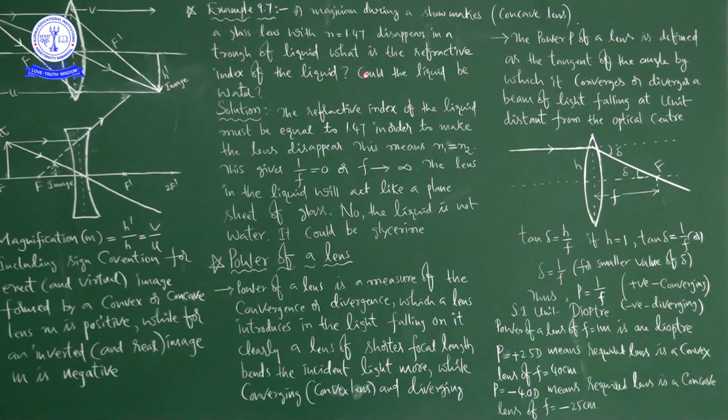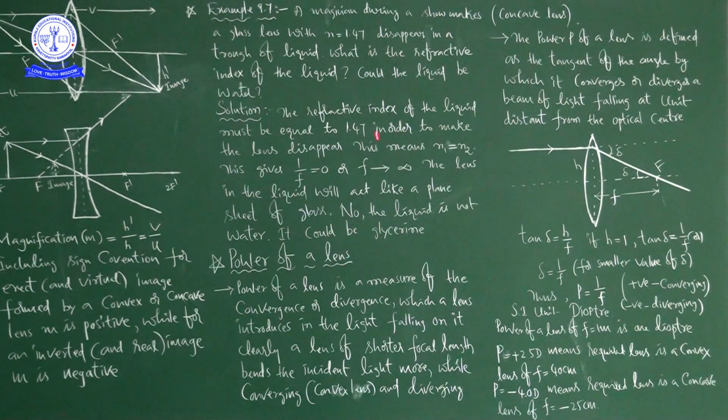Could the liquid be water? So a magician, while giving a show, showed one glass lens with refractive index 1.47, but it disappeared when he dropped it into a trough of liquid. That is the question, right?